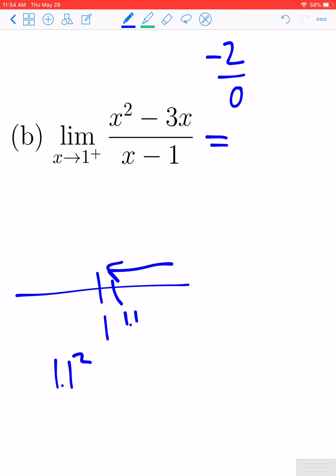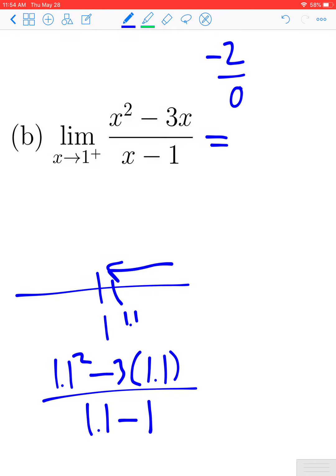If we do 1.1 squared minus 3 times 1.1, divided by 1.1 minus 1, I'm going to plug this into my calculator. And I would get the output negative 20.9.